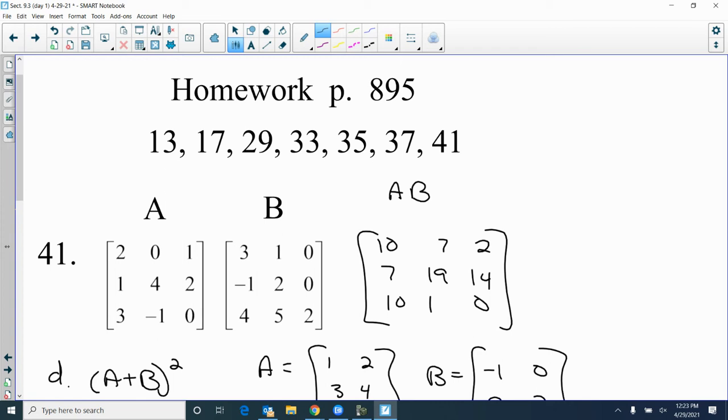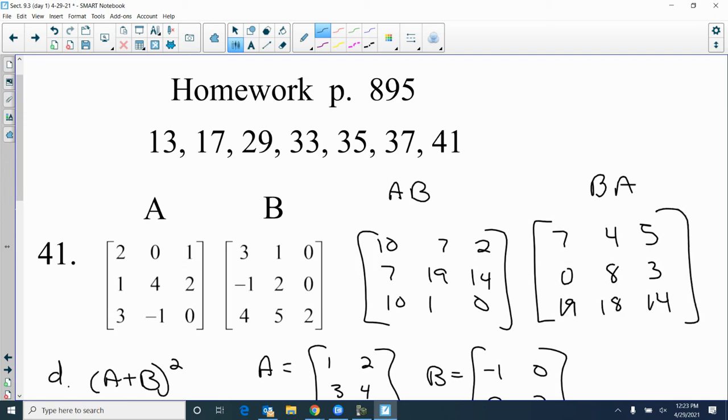And Mason, what do you got for BA? 7, 4, 5, 0, 8, 3, 19, 18, 14. In AB, it should be 4, not 14. Oh, for that first one? 4. Good looks.